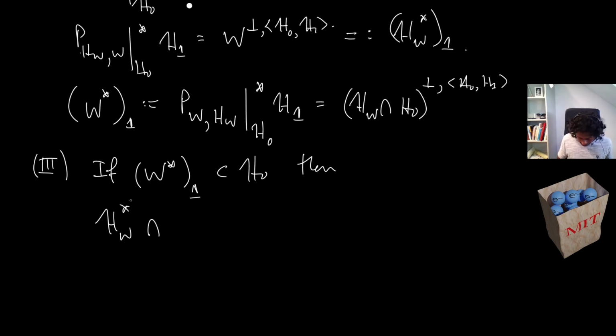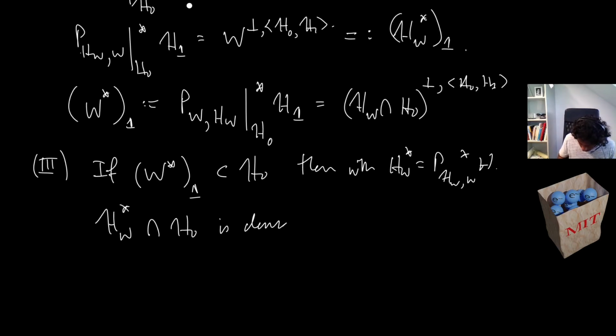So when I write H_W star here, this is with respect to just the adjoint projector of L2, right? So maybe I should say that. Then with H_W star equal to P_HW star acting on H, this thing intersect H naught is dense in H_W star 1.